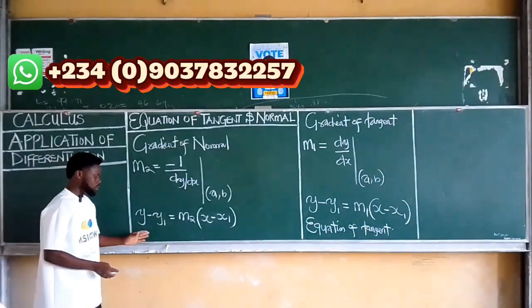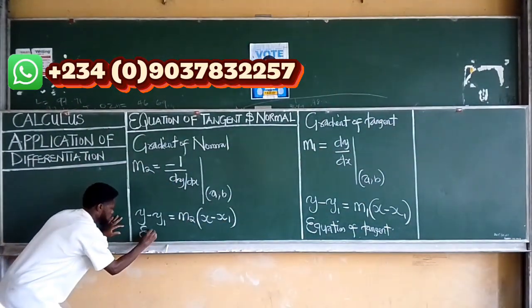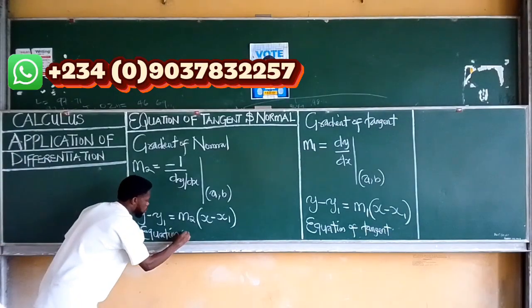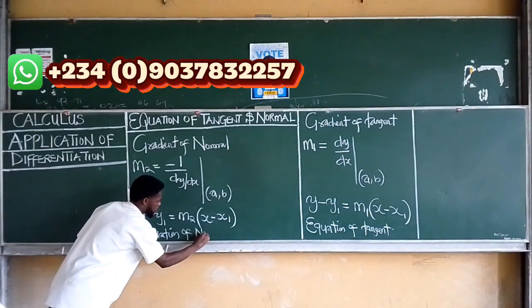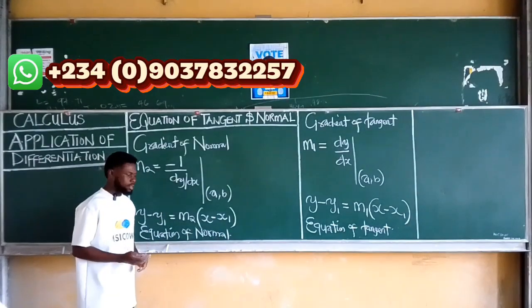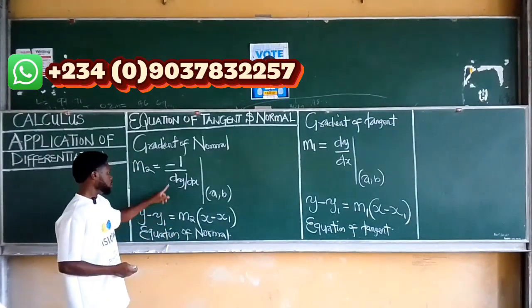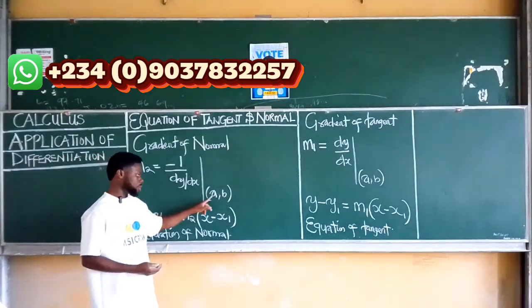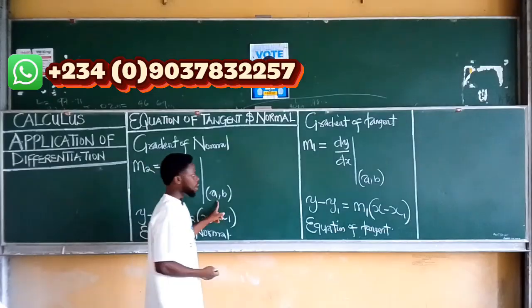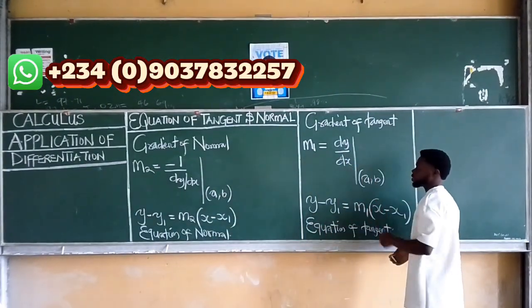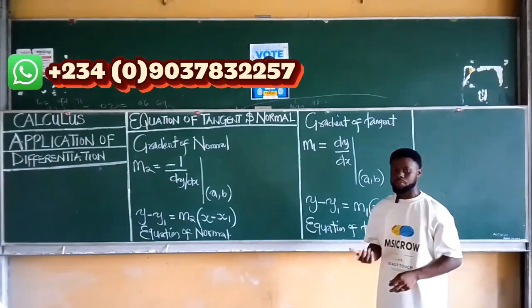So this becomes the equation of the normal to the curve. Now note that m2 is minus 1 over dy over dx at point (a, b), whereas m1 is dy over dx at point (a, b).